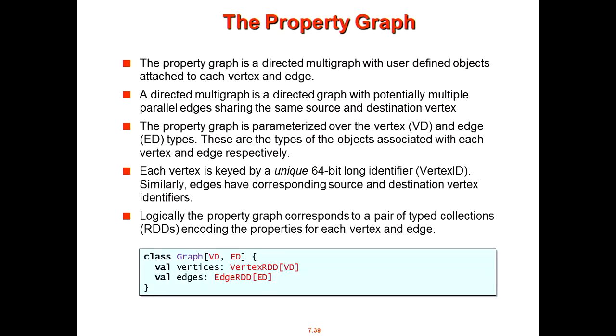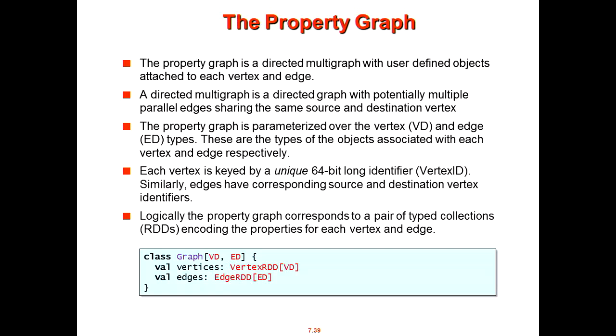And the data type in GraphX is called the property graph because it is a graph with properties. It is a directed graph, so it means edges have directions. Each vertex and edge is attached with some properties or attributes.